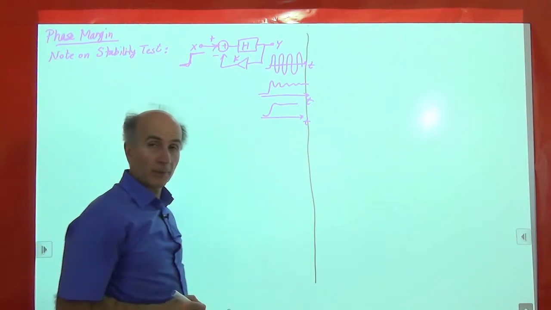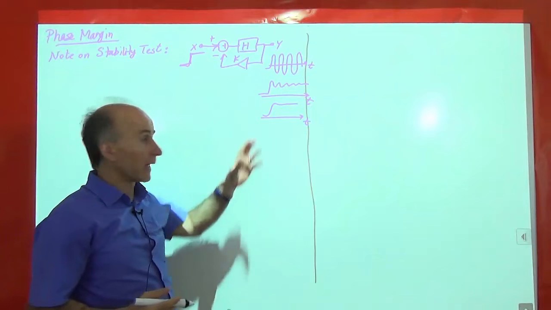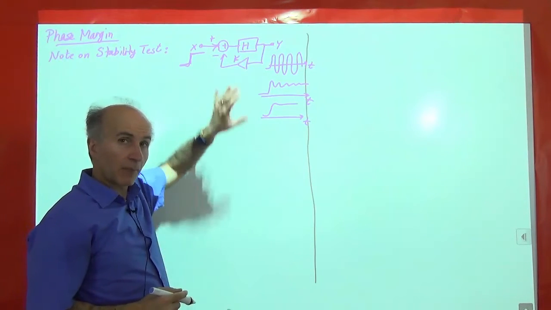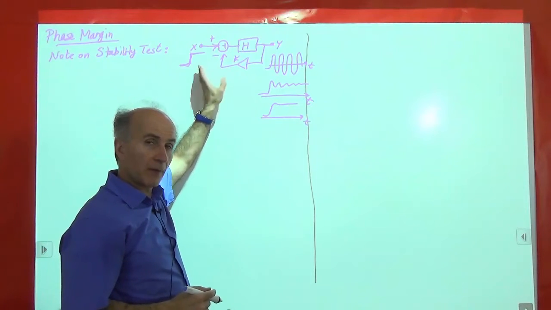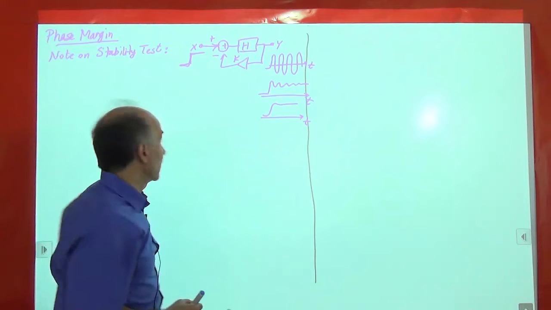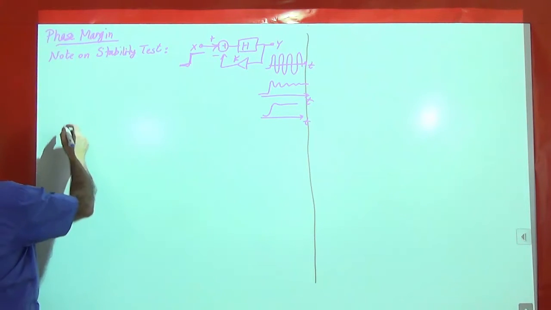And that's a nice system, right? It's a well-behaved response, so we know that the system will not be unstable. So it's always good to remember that we can apply different things at the input of the closed-loop system to check for stability. All right, so just remember that note, and let's go on to the concept of phase margin.